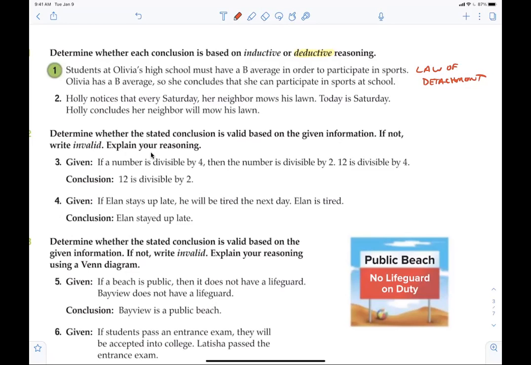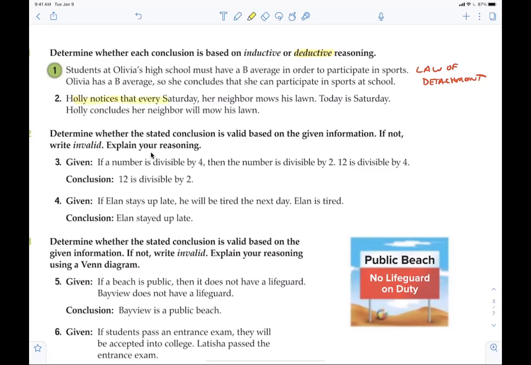Okay, here's what I'm saying. Now, this will help you hopefully understand the difference, right? So Holly notices that every Saturday her neighbor mows his lawn. Today is Saturday. Holly concludes her neighbor will mow the lawn. Now to me, I think we could go either way here. Do you agree? Because we could put it in if P then Q, right? But in this case, it's an observation.